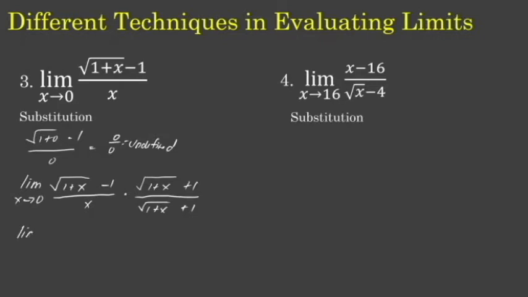So we have the limit of square root of 1 plus x minus 1 times square root of 1 plus x plus 1 is in a form of difference of two squares.